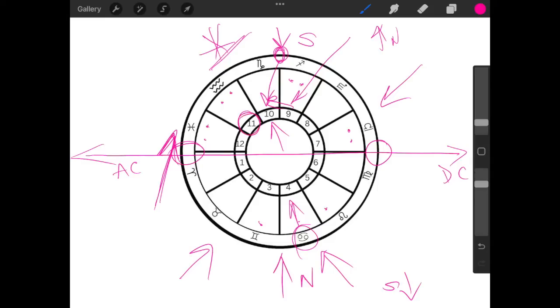And then this is kind of the network, the connections that we make out of the relationships that we build through our education, through our career, and how we become an authority figure in our profession, in our industry. So if you have a lot of placements at the top hemisphere here, we are very focused on community, which again, 11th house is the collective, in our professional life, in education, in humanitarian efforts as well.